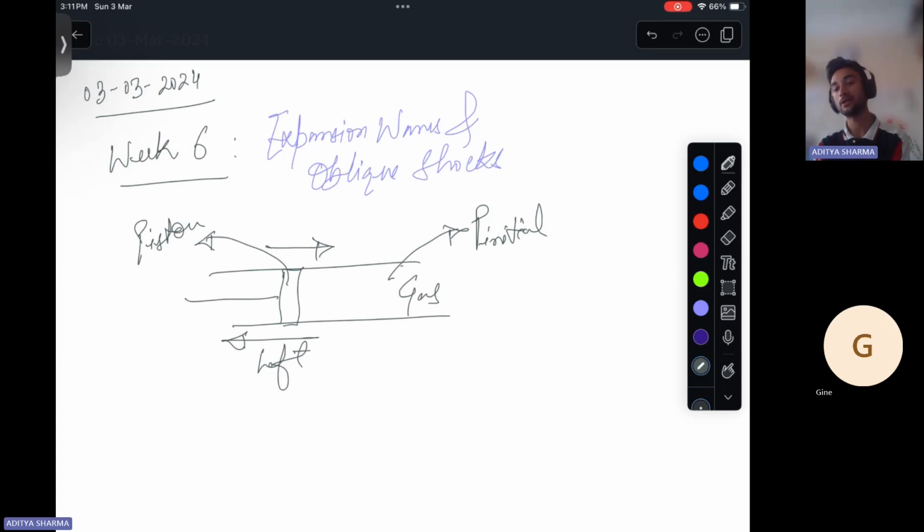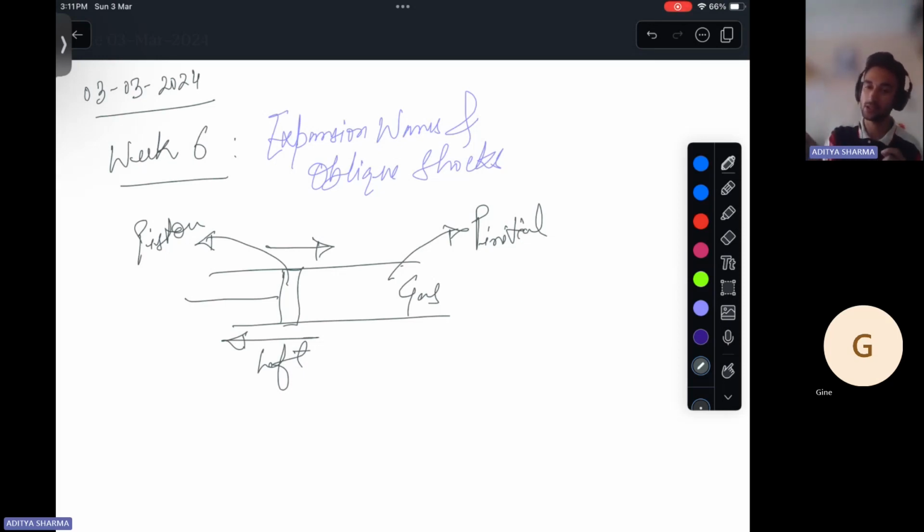But before reaching the final stage, there is a gap between the initial and final phase, and in that gap there are some transitions.